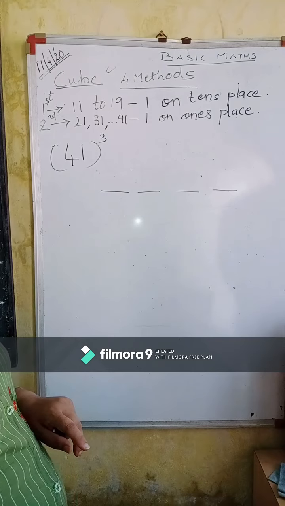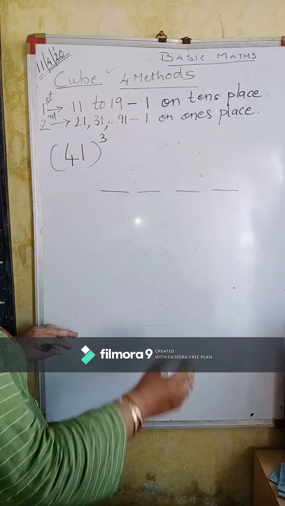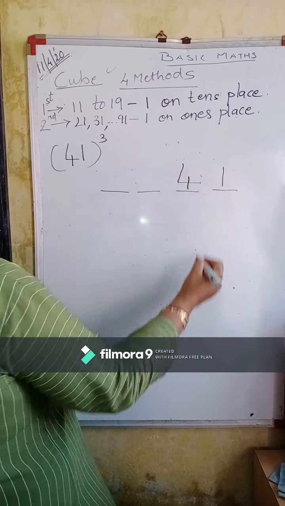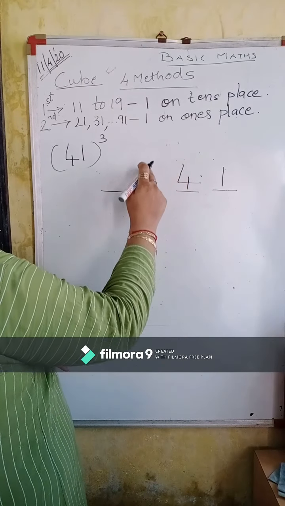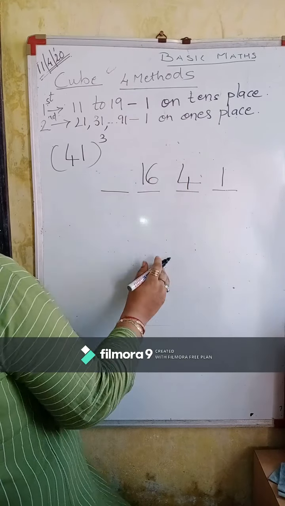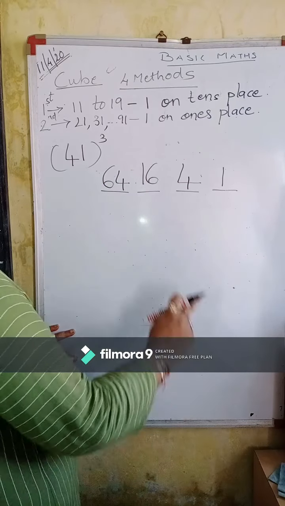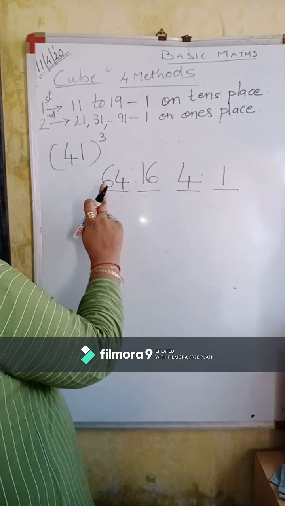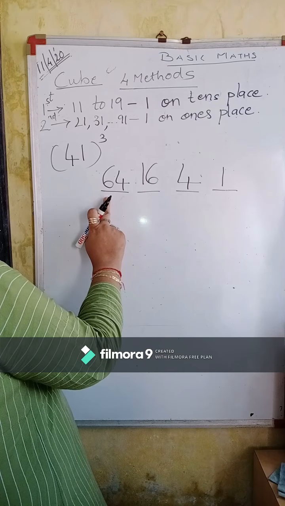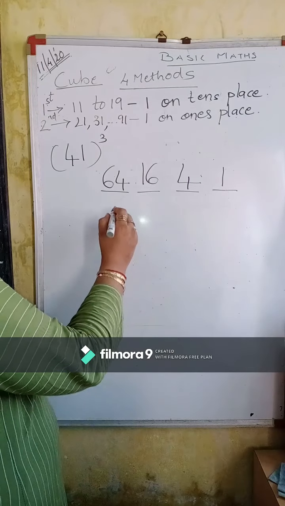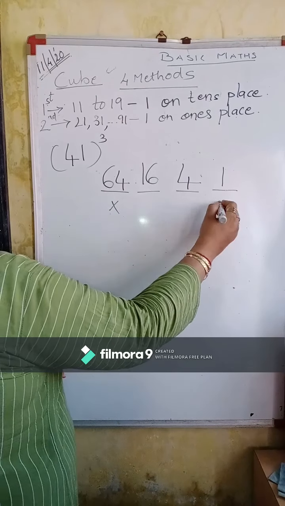41 cube. Okay, 1 here, 4 here. Now square of 4 here and cube of 4 here. 4 4s are 16 and 4 cube is 64. Okay, now cross over here.